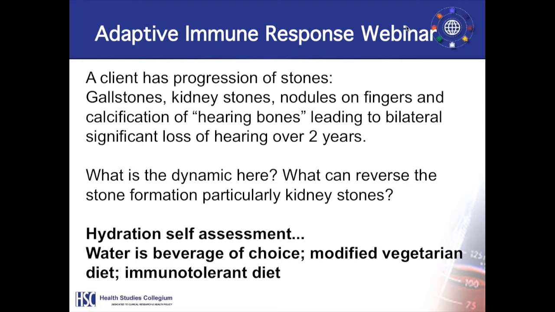So gallstones also relate to hydration and the quality of fat. We can improve the hydration, we can improve the dietary fat balance and the quality of fat, and yes, you can even slowly dissolve gallstones.